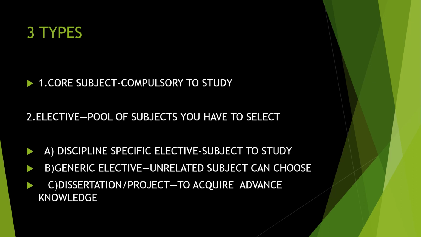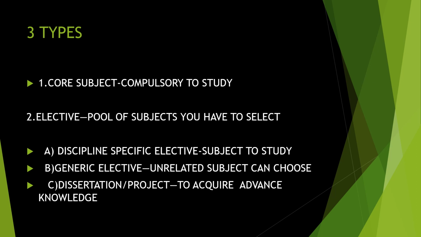Discipline specific means subject oriented elective. And generic elective means it is not needed to select a subject related to your subject. You can select any subject. That is generic elective. So the core subject is already there.